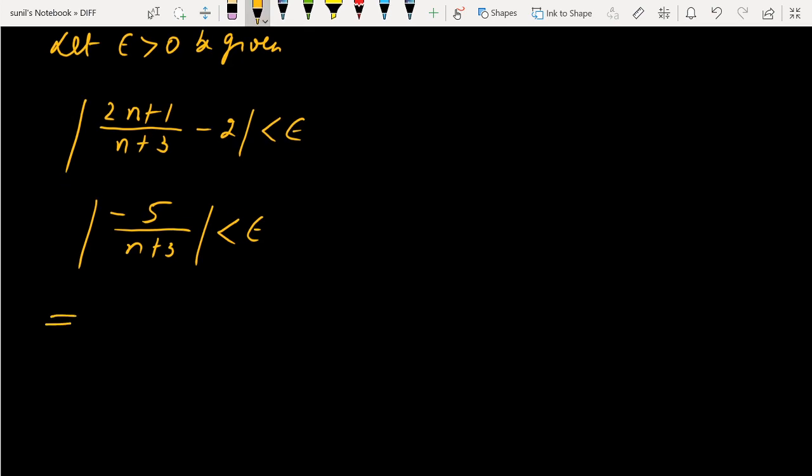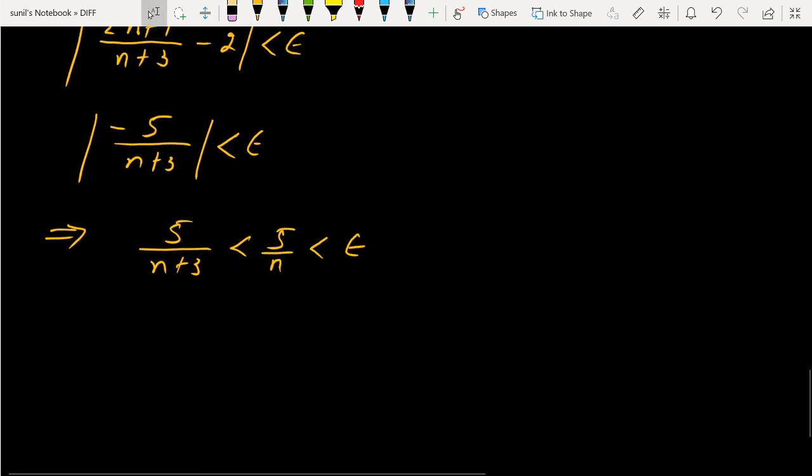So 5 upon n plus 3. Can I say that it is less than 5 upon n? Yes, of course. And we take this as less than epsilon. This implies n is greater than 5 by epsilon.